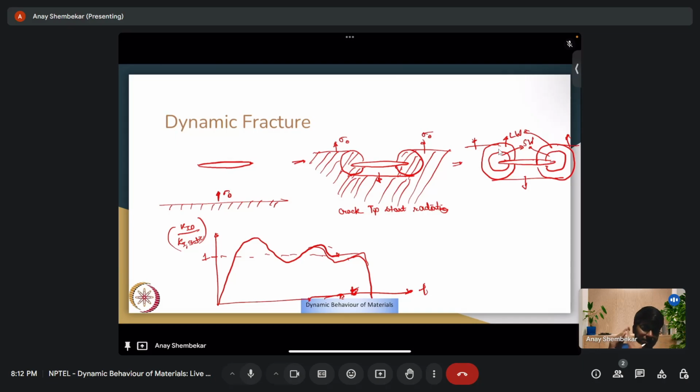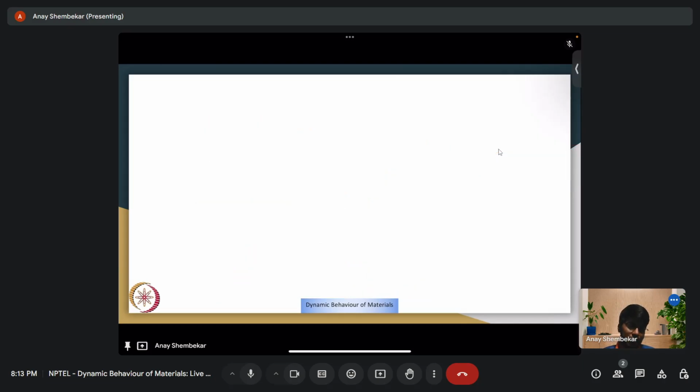Those two tensile waves will meet somewhere inside the target, assuming the target is much larger than the projectile, and that would lead to much increased tension, which in turn would lead to fracture. So that's spalling.